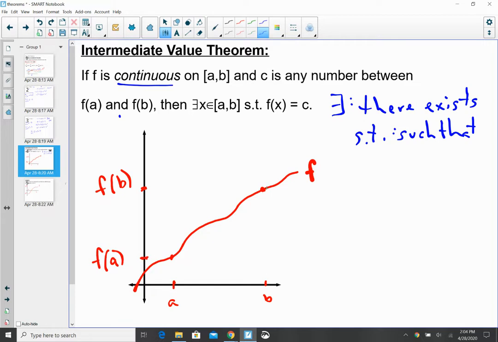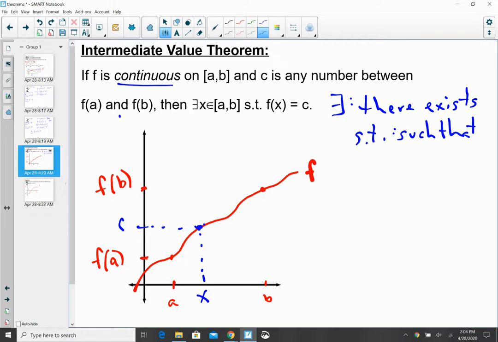If this is the B value, that's the f of B value. So now if I pick any number in between f of A and f of B, I'm going to call it C, that C is on the graph, and the x value that spits out C has to be between A and B. It can't be outside the interval.